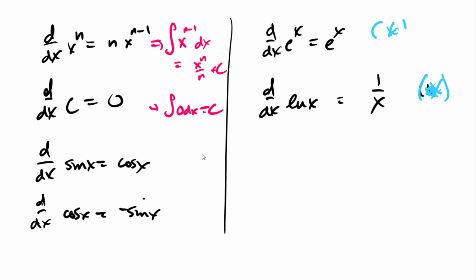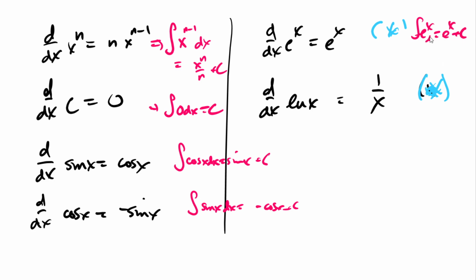And the derivative of sine being cosine means that the integral of the cosine is the sine. And the derivative of cosine being negative sine means that the integral of the sine is equal to minus the cosine. Same thing here: the integral of e to the x must be e to the x. And the integral of 1 over x is going to be equal to the natural log of x plus c.